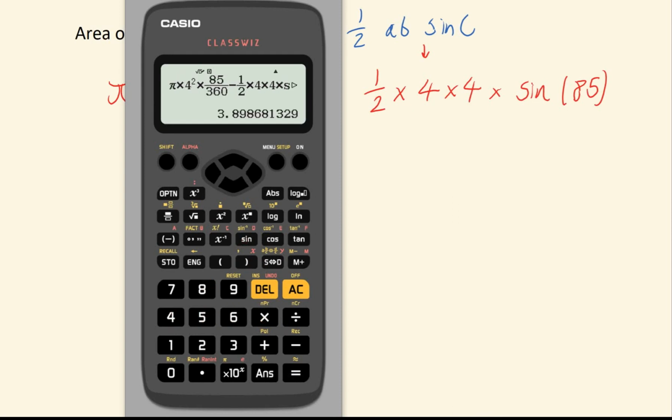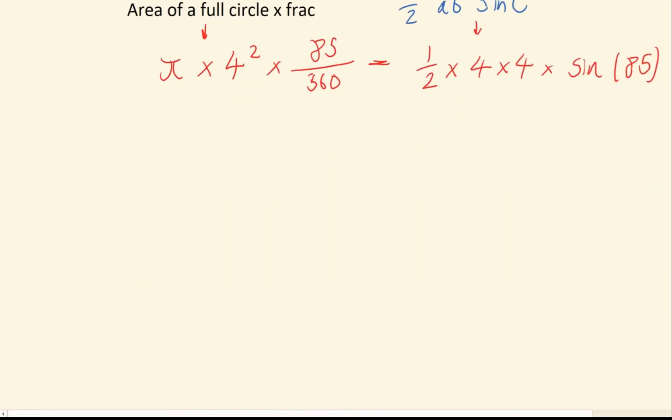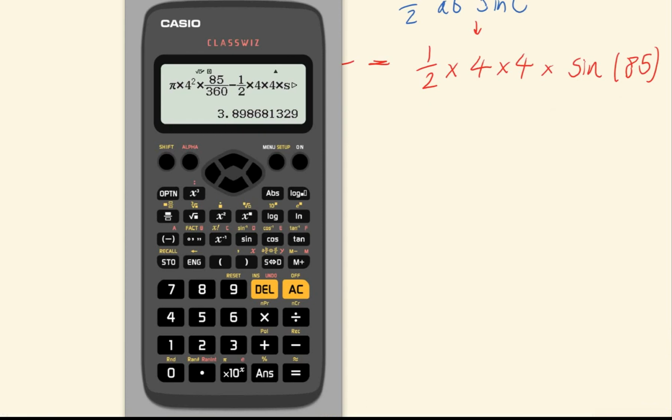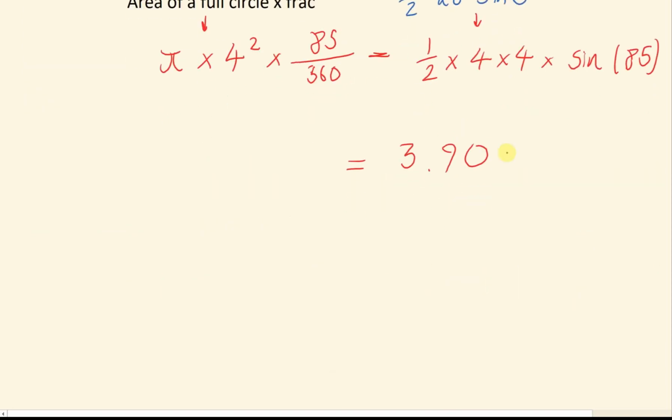Press equals, and that gives us our shaded region. I think this question wanted it to 3 significant figures, so that's 3.90. Again, it's an area, so that would be centimeters squared.